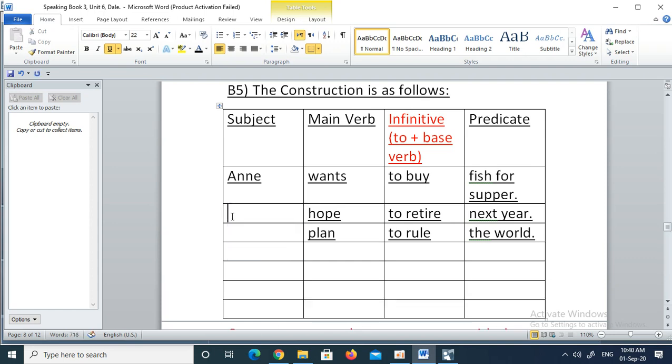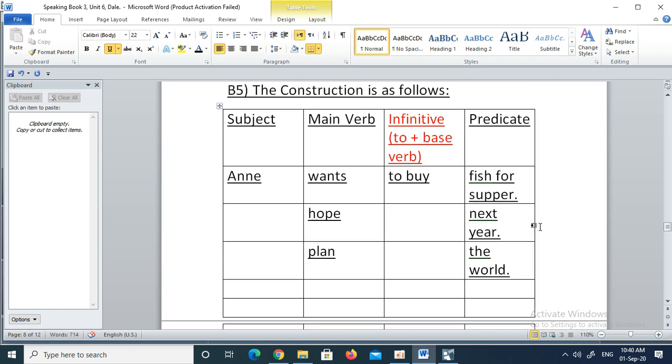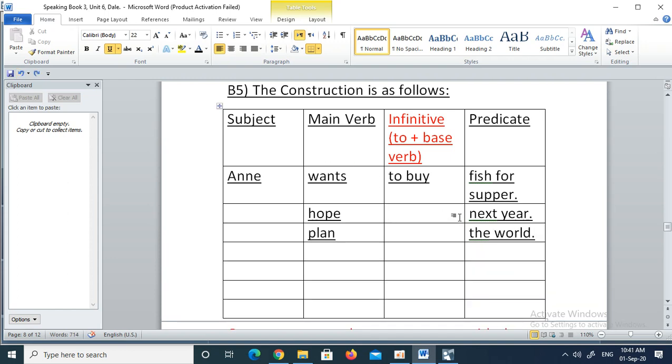What I want all of you to do, get paper and pen. I need you to pause the video and write me a sentence of your own using this 4-block construction: subject, main verb, infinitive, and predicate.